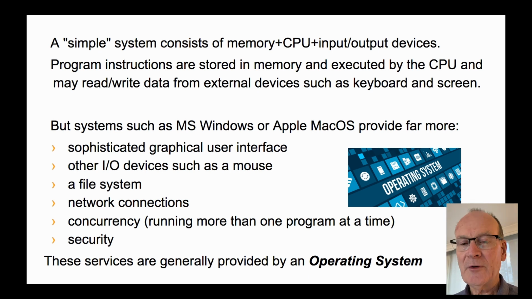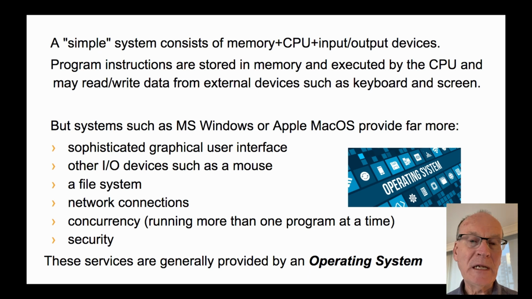Now, of course, systems like Windows or the Mac OS provide far more than just the bare computer. They provide things like a very sophisticated graphical user interface, I/O devices such as keyboard and mouse. They provide mass storage and in particular a file system, and they provide network connections.